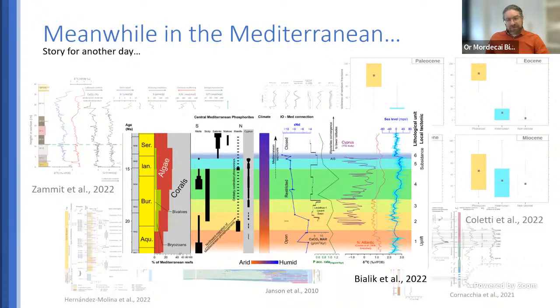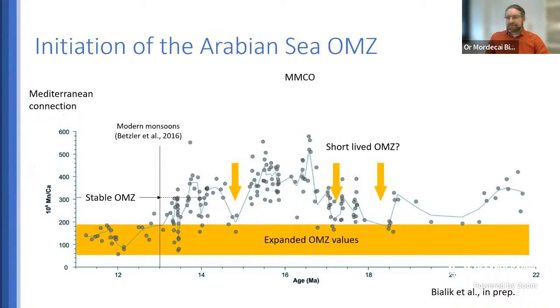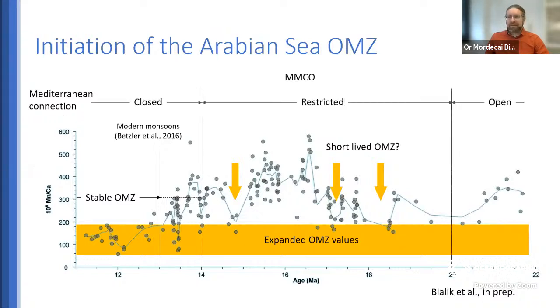But on the other side of this connection, back in the Indian Ocean, if we take these 3 periods of connectivity and put them on this manganese plot, we can see quite nicely that this short-lived OMZ period only began when we have the restricted connectivity.